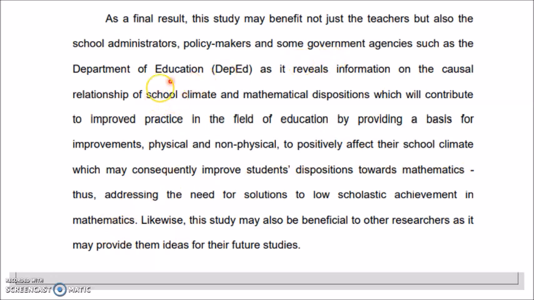So, dito naman, in one sentence lang, na-mention niya yung macro level. So, we have here the school administrators, policymakers, some government agencies, such as DepEd.